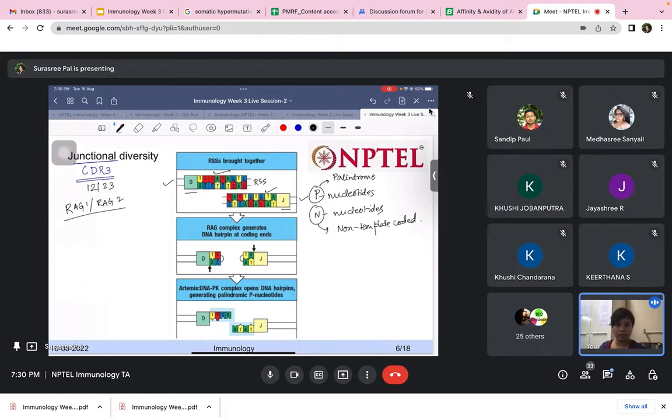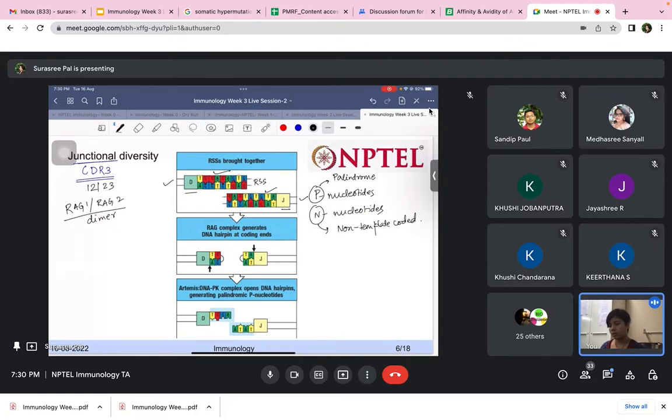So these two proteins form a dimer, the RAG1, RAG2 dimer, which is the protein that brings about this kind of recombination event. So when these RSS are brought together, RAG1 and RAG2 recognize these RSS, right?